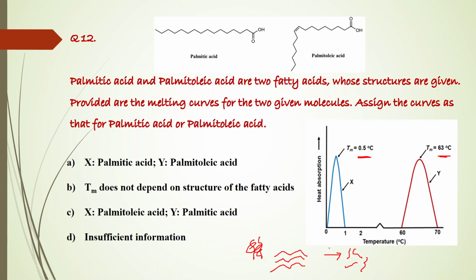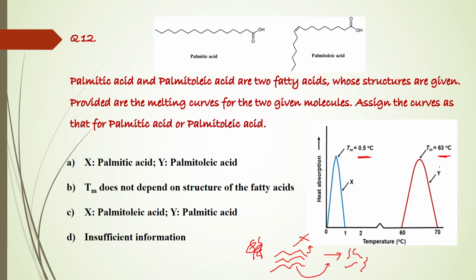If the melting temperature is low, that means this crystalline state that existed initially was not very ordered. That is why to take it to a random state, you do not need a very large amount of heat. Very easily, by putting a very small amount of heat, you can take it to its unordered or random structure.